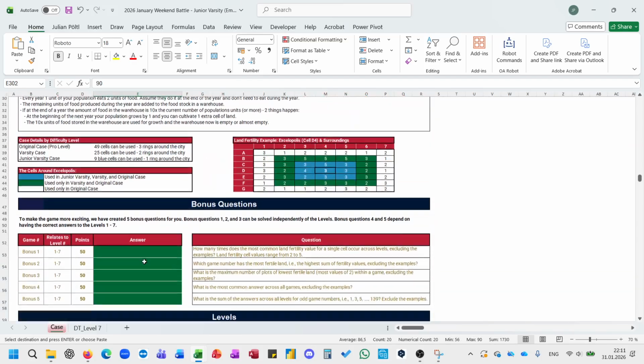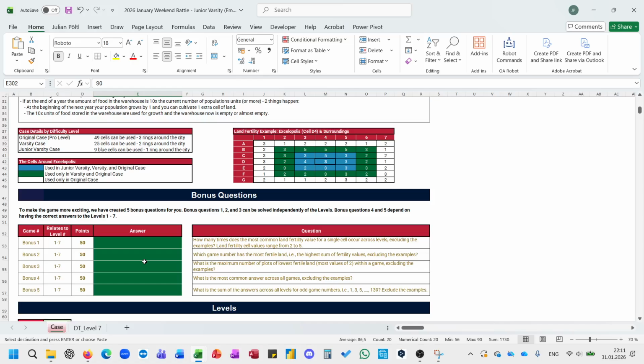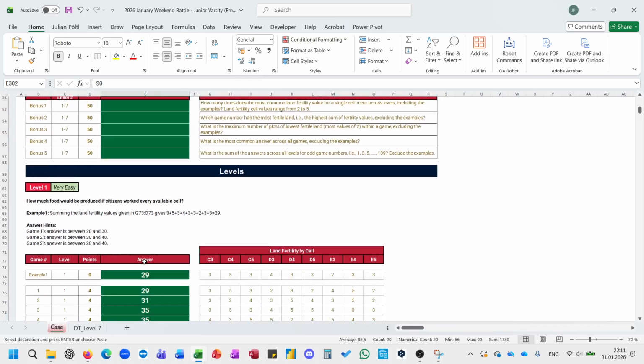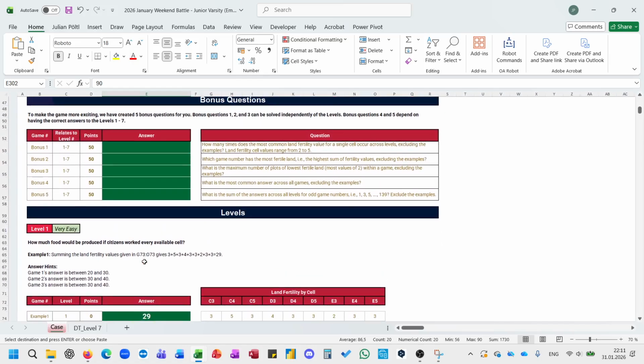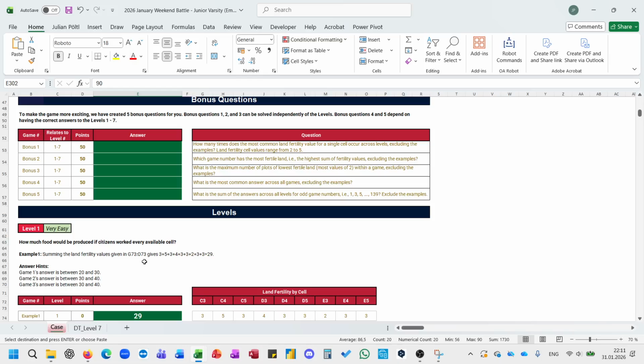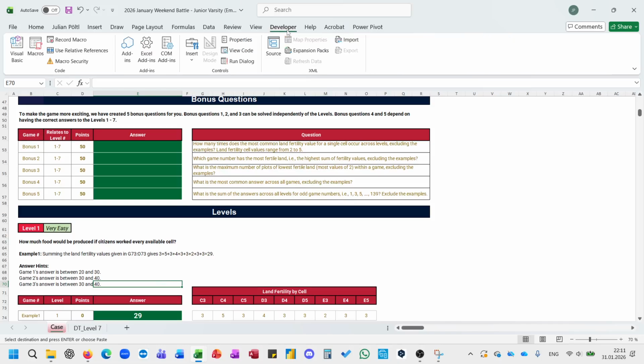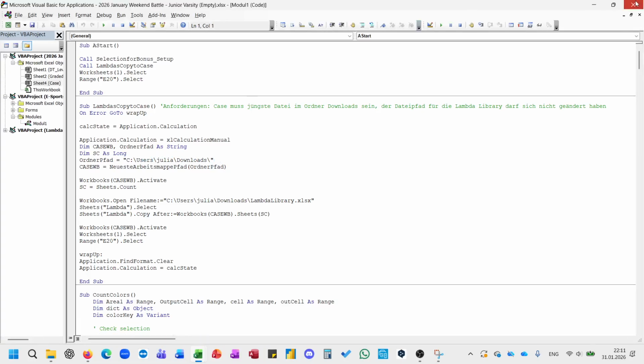Okay, bonus questions. How many times the highest sum of all fruit? I have a macro for bonus level set up because this is annoying bonus level stuff.